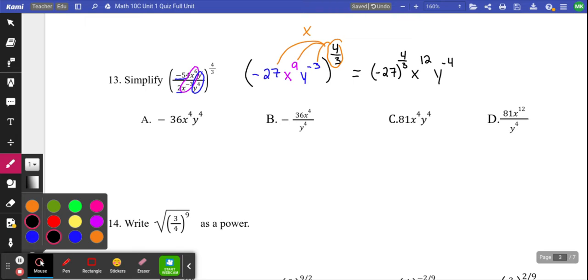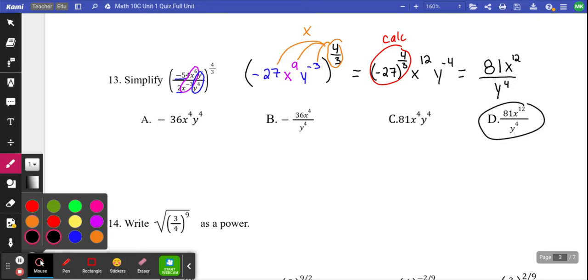To finish this question off, you need to get rid of that negative exponent. You also need to calculate this coefficient. Put that in your calculator. And you should get 81 when you calculate that. X to the 12. And then the y to the negative 4 goes to the bottom and becomes positive 4. So the answer is D, 81x to the power 12 divided by y to the power 4.